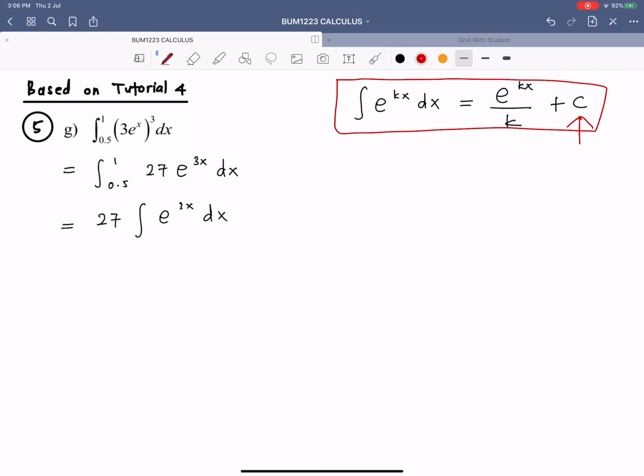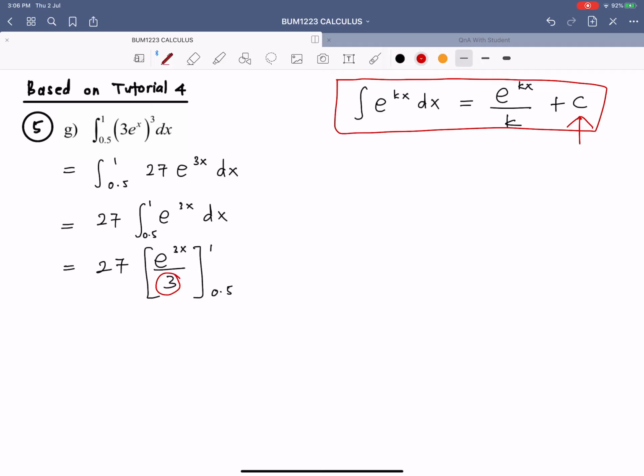Let us go back to our question. So 27, integration of e power of 3x will be e power of 3x over 3, where x is from 0.5 to 1.